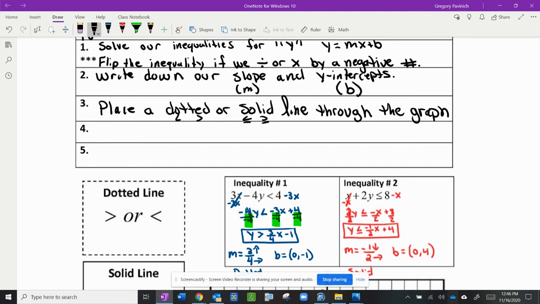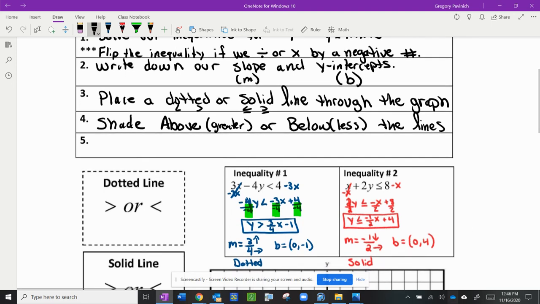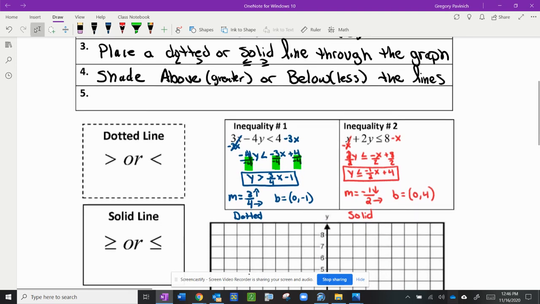We are going to shade above, which is greater than, or below, which is less than, the lines. Okay, so before I do that, I'm just going to indicate what I'm going to do in both of these scenarios.